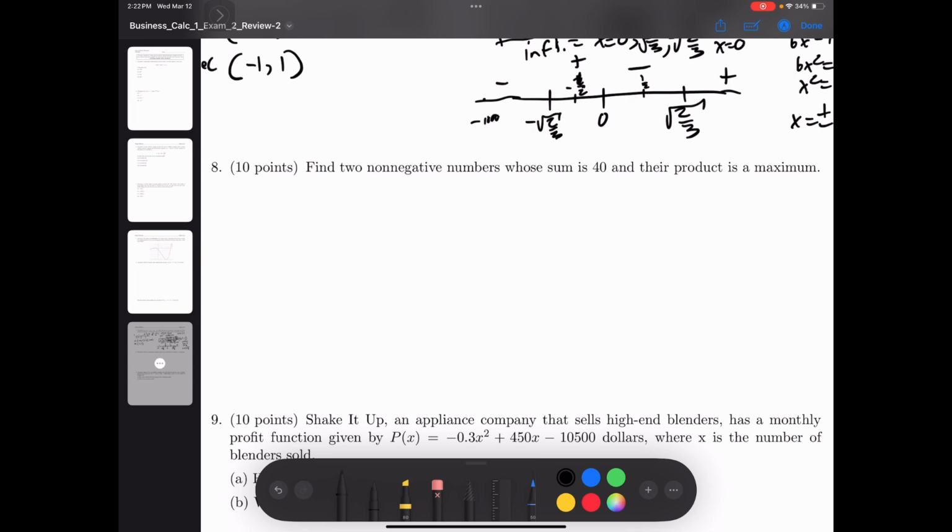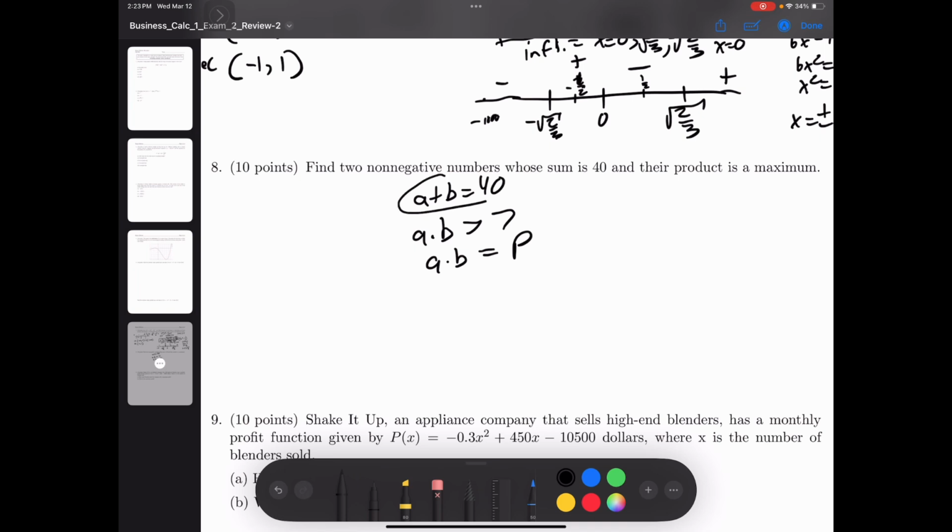Number 8 says find two non-negative numbers whose sum is 40. So we have a plus b equals 40. But we need their product, a times b, to be some maximum. We can say that a times b is equal to some product p, and we need that product p to be maximized.